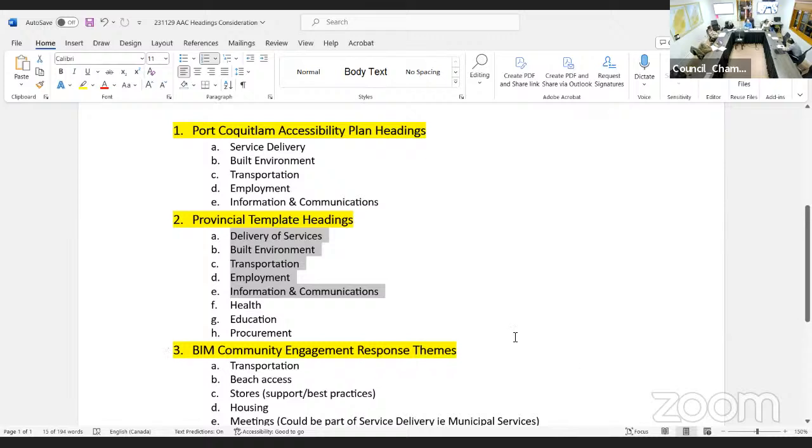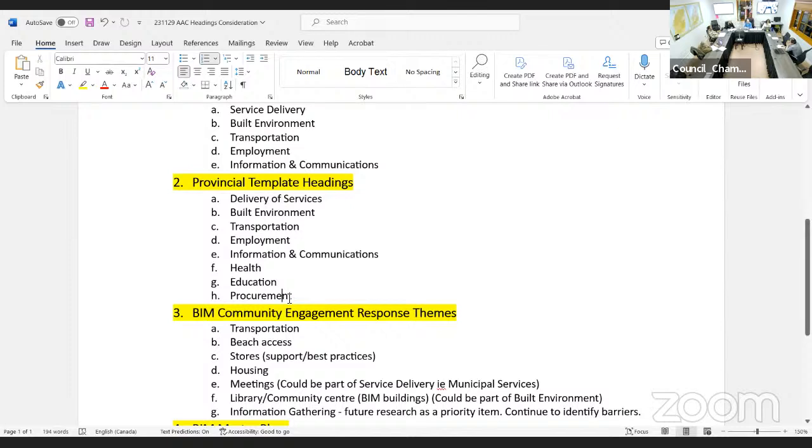For Port Coquitlam, which is a fairly large municipality, there's what, four or five? So we wouldn't probably need as many. I think half a dozen is plenty. We just cover the main ones. The order we can decide later, but let's look for about half a dozen major headings.